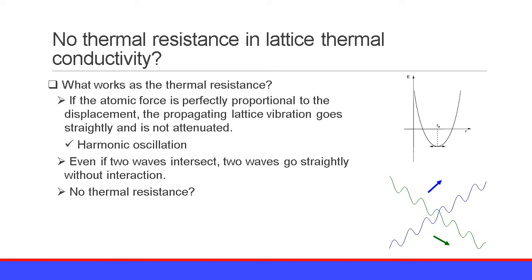Under these concepts, an open question is again, what works as the thermal resistance? If the atomic force is perfectly proportional to the displacement, the propagating lattice vibration goes straight and is not attenuated because it is harmonic oscillation. Even if two waves intersect, they go straight without interaction.